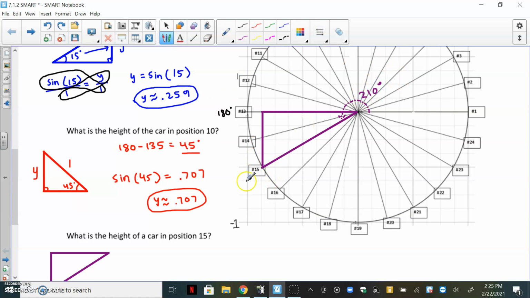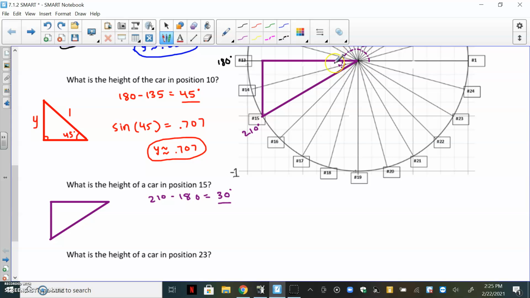All right, so we need to figure out, again, what that angle is inside of my triangle, because it's not 210. We can do that by realizing that this angle right over here is 180, and ours passed 180 to get to 210. So we can figure out that angle by doing 210 minus 180 for an answer of 30 degrees.